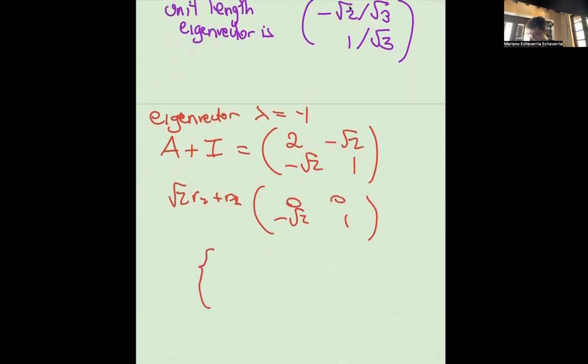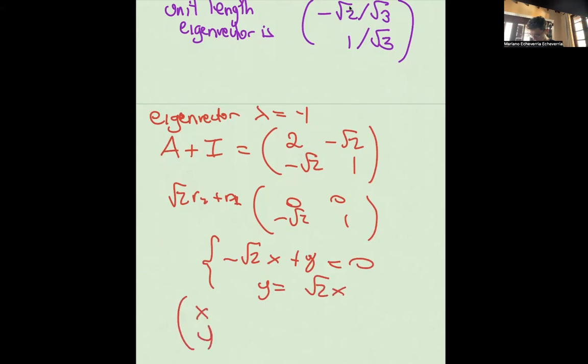So the null system is just minus root of 2 x plus y equals 0, so y equals root of 2 x. So (x, y) is (x, root of 2 x), which is x times (1, root of 2).